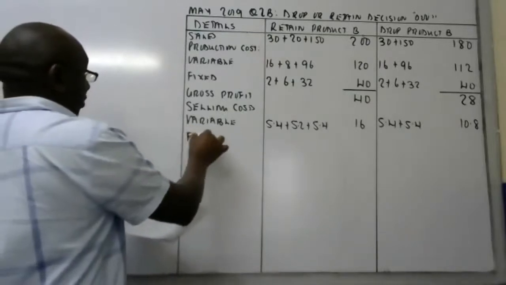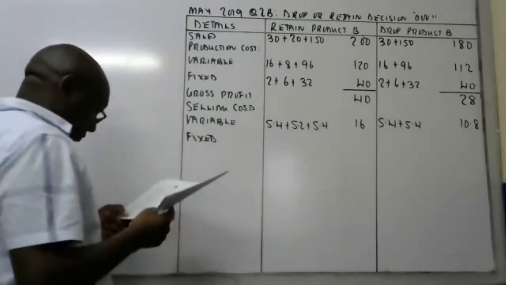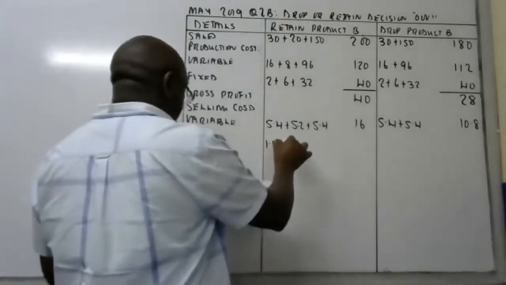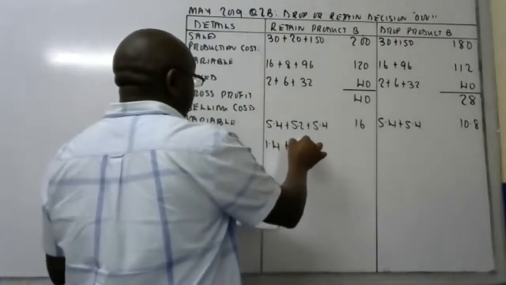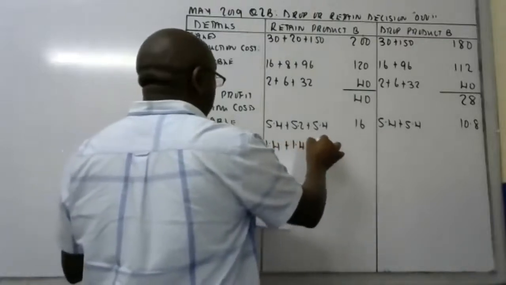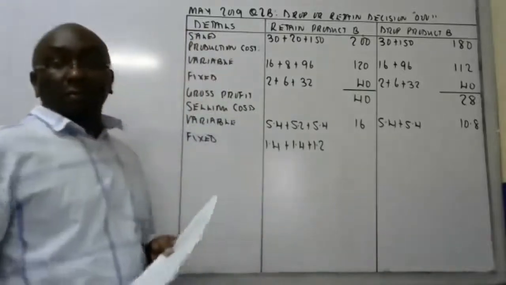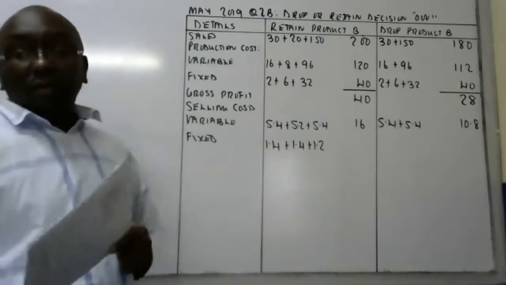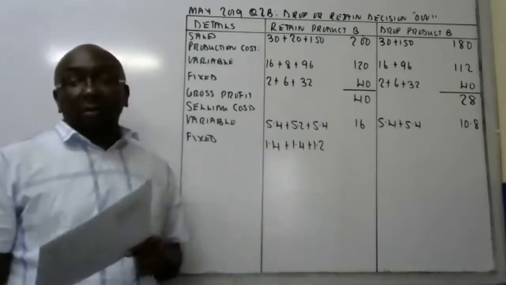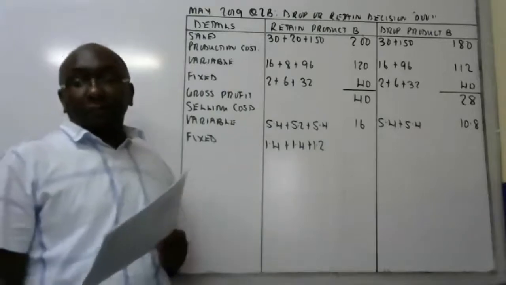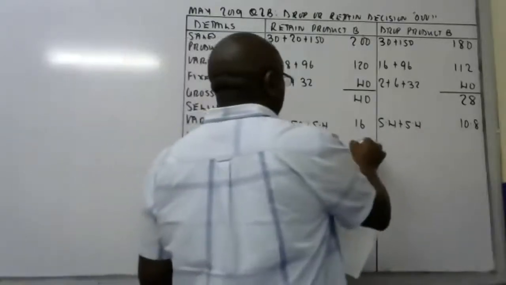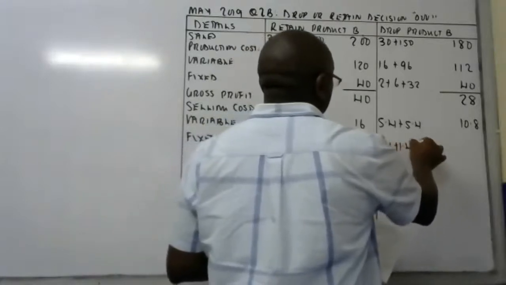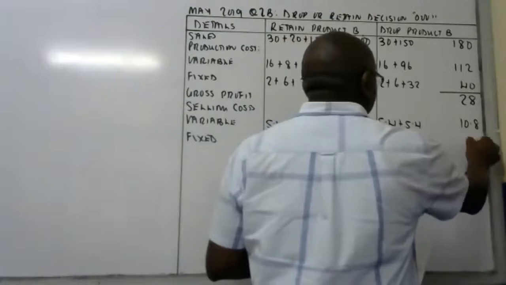Then fixed. Fixed, I have 1.4 plus 1.4 plus 1.2. That would be how much? Yeah, that would be 4. Then these will still remain. The fixed cost does not change.